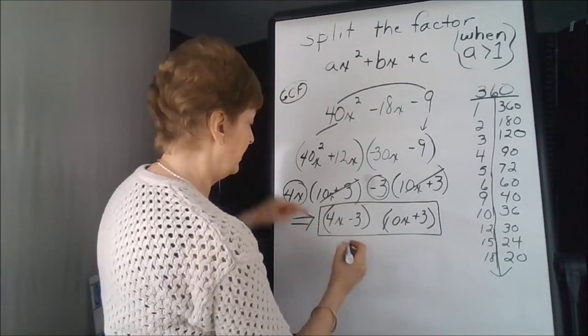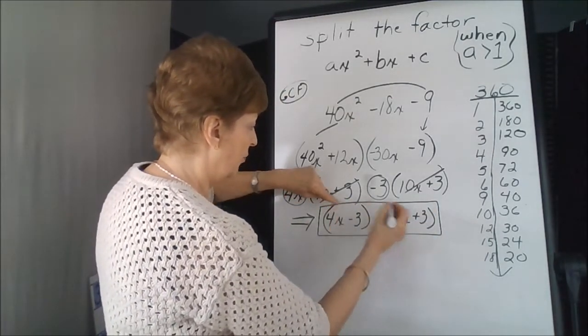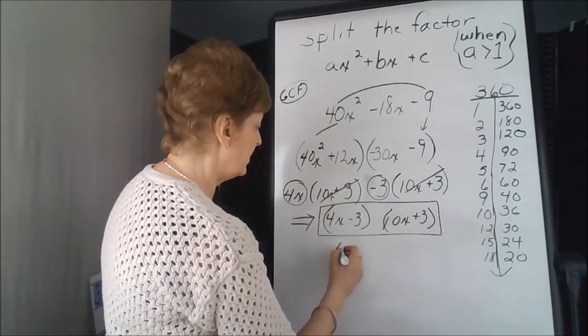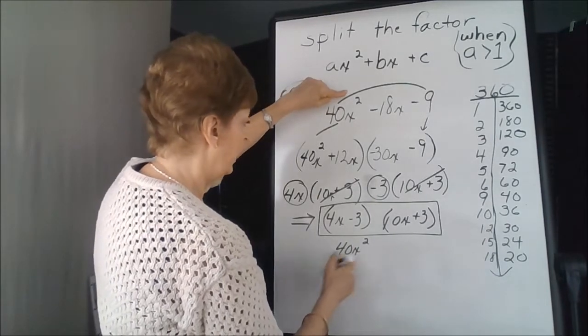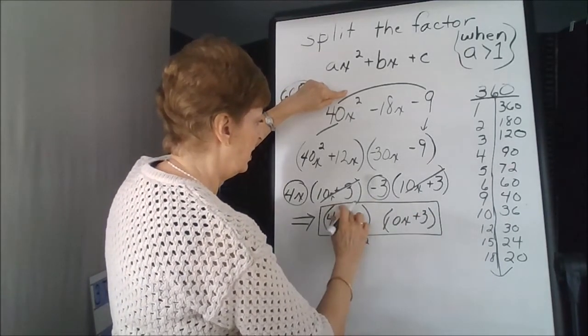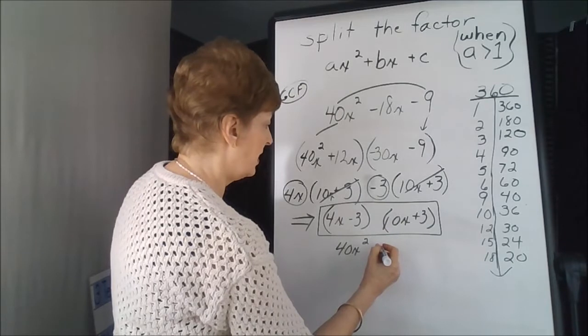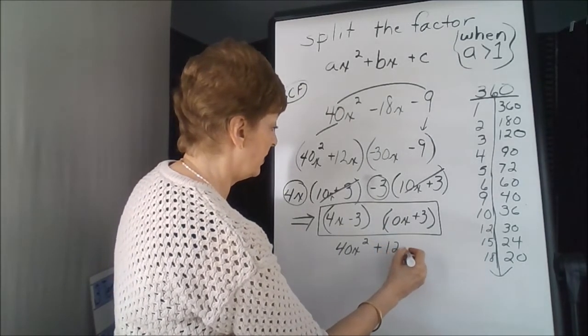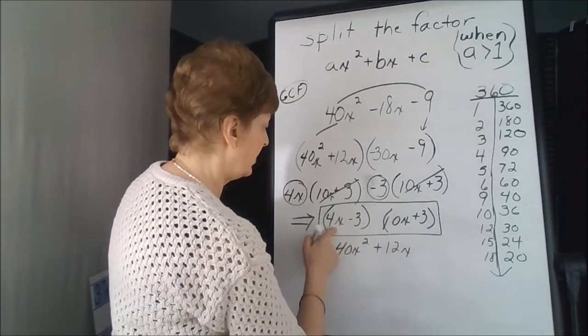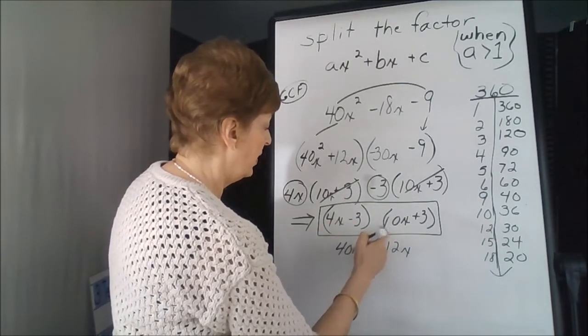Let's FOIL it back. 4x times 10x is 40x squared. So far, so good. Then we're going to go over here. 4x times 3 is a positive 12x. We're done with this factor. Let's go under now.